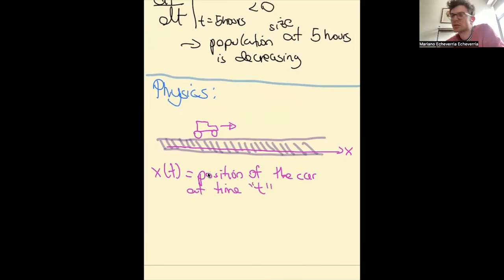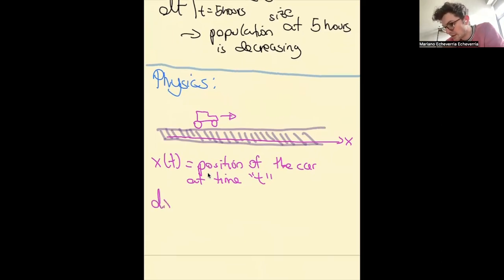So again, in this case, it's more natural to think of the position as a function of time, okay? And so dx/dt, right, would be the rate of change of position, the instantaneous change of position with respect to time.